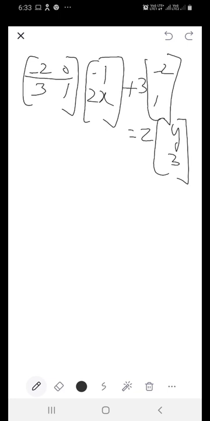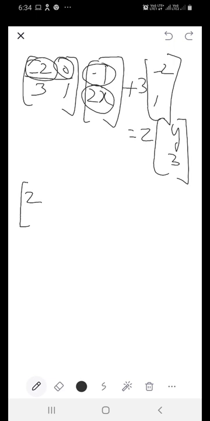Minus 2 multiplied with minus 1 becomes 2, and 0 multiplied with 2x becomes 0. So you have the element A11 as 2 only. This is the element of the first row, first column.